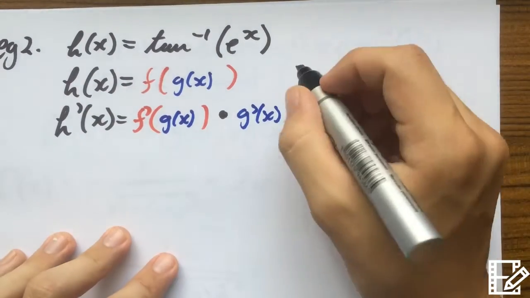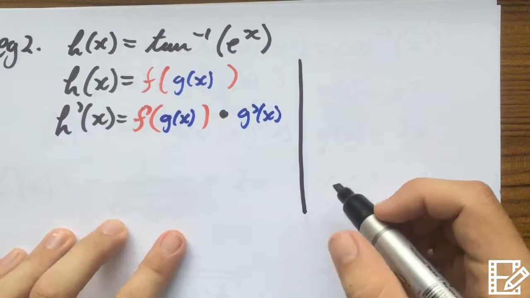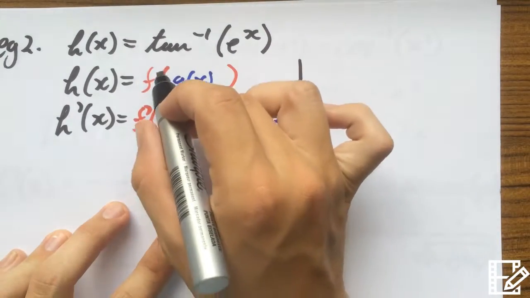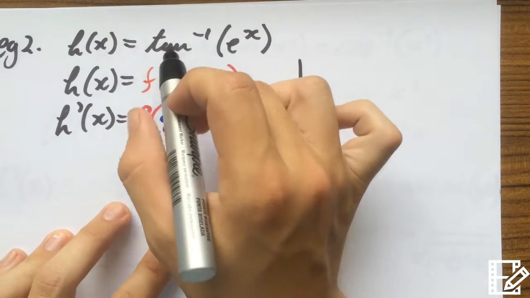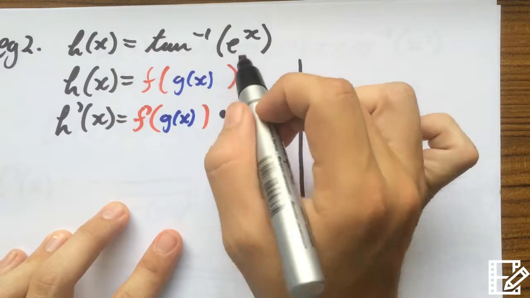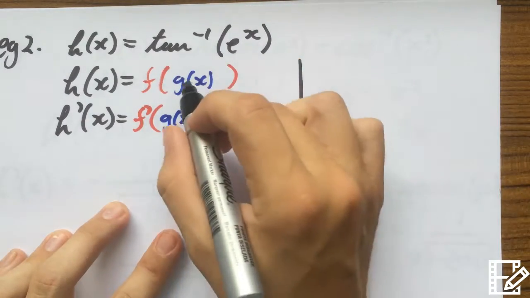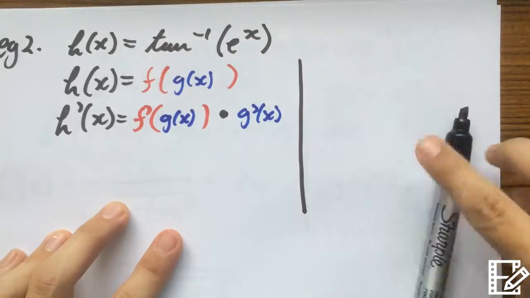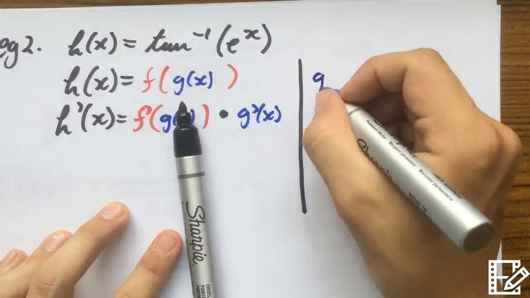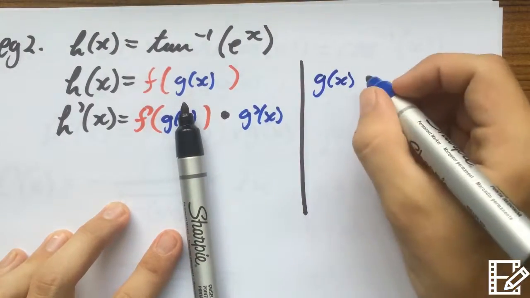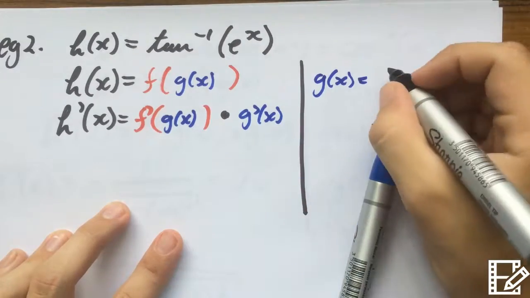So we have an outside function and an inside function. What's the inside function? e to the x. So we'll label g(x) as being equal to e to the x.